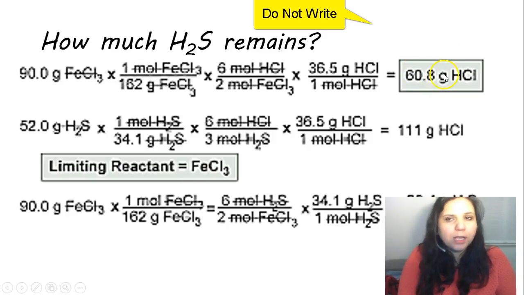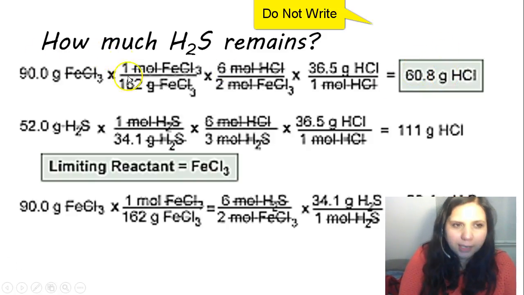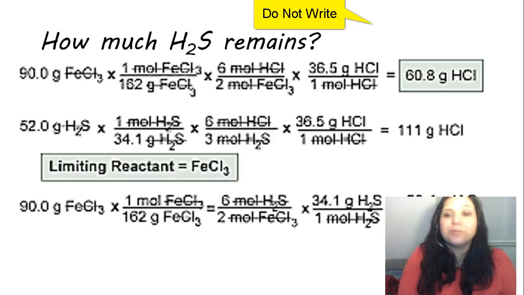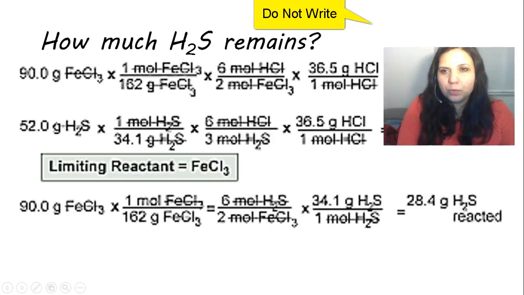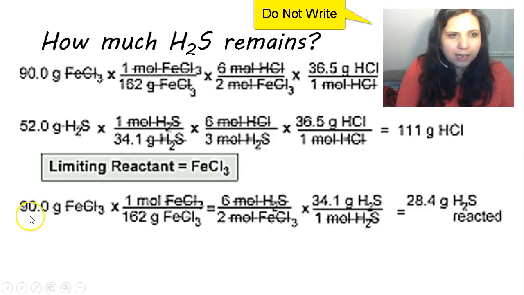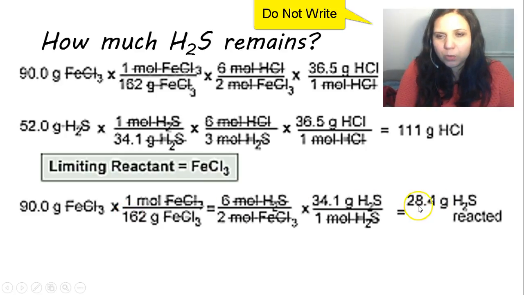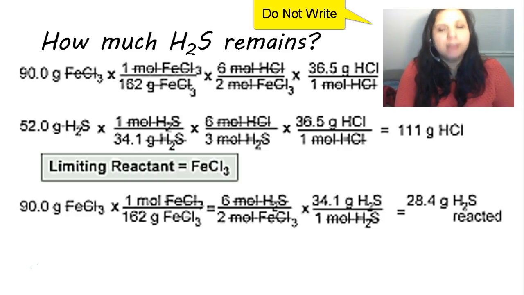So 60.8 was produced by the iron trichloride, which made the iron trichloride the limiting reactant. Okay. To figure out how much excess reactant remains, what was calculated was the 90 grams of iron trichloride all the way to 28.4 grams of H2S that reacted. Your job is to figure out how much excess hydrogen sulfide there is. Try it.